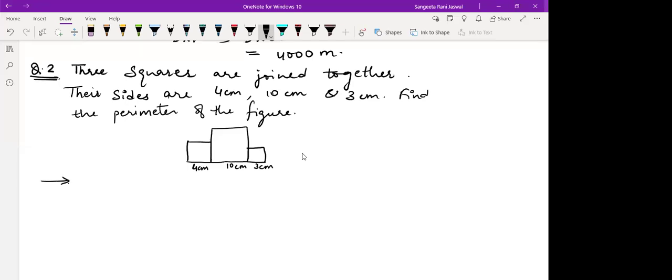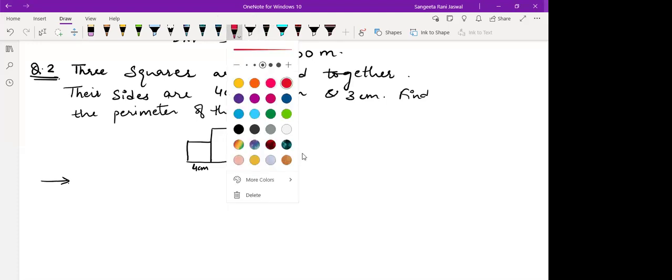This is the same as what we did yesterday. What will you do first? First, write all the dimensions of the sides that are involved in the perimeter. So to find the perimeter, what will you do?